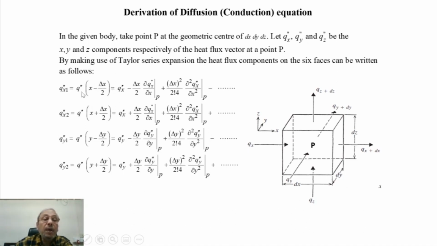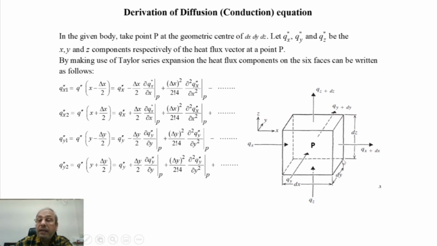If we follow q double prime x minus delta x by 2, it will be qx double prime minus delta x by 2 del x of qx double prime plus delta x square by factorial 2 into del 2 del x2 qx double prime.